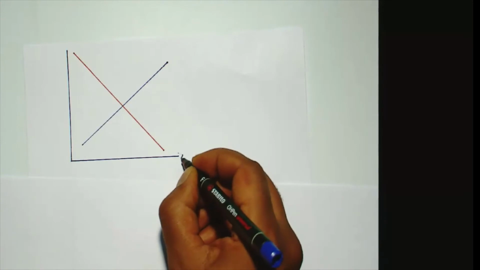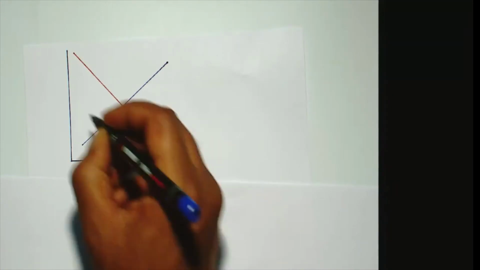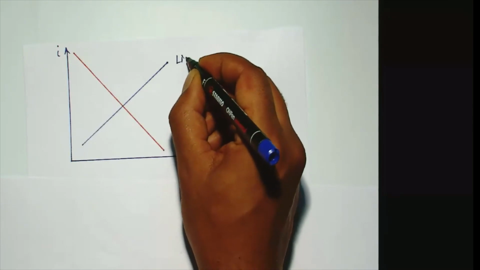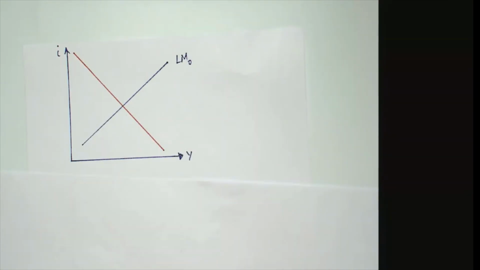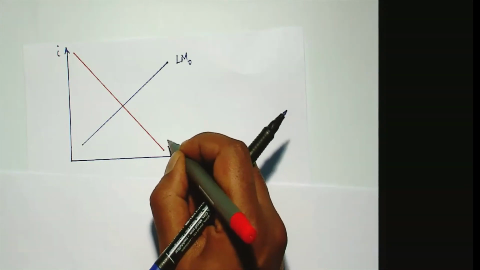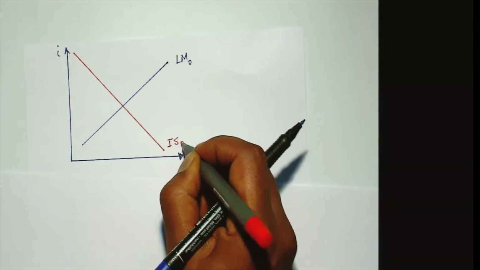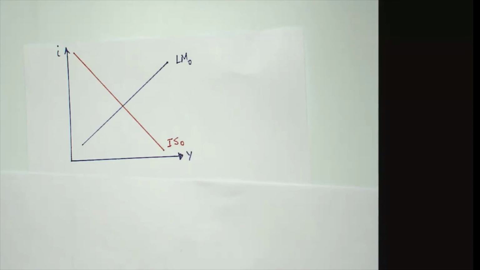We would put the labels as we have been doing so far. We have LM0 and we have IS0. So the question is: consumer expectations decline.